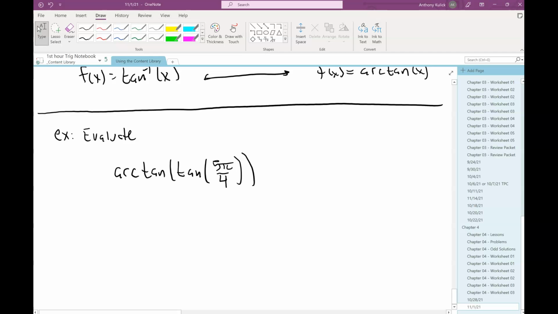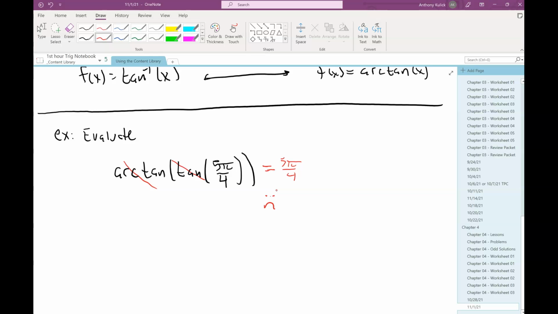Now, the natural inclination would be to say, okay, I'm doing tangent inverse of tangent, so these two things should just cancel out, and I should be left with 5 pi over 4, right? Unfortunately, that's not what happens here.